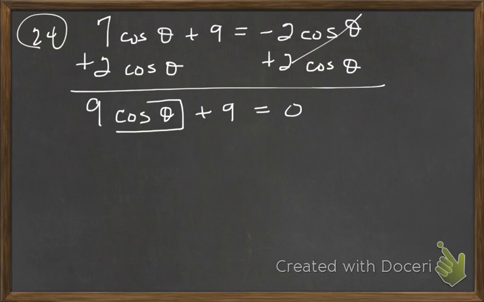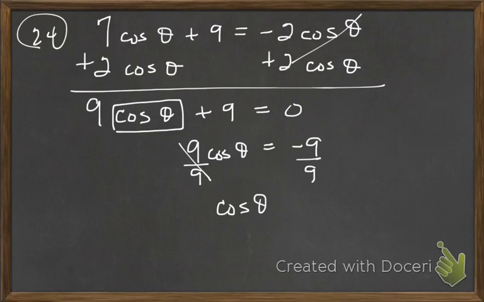You're still trying to solve for the cosine of theta. You're going to subtract 9, and then you're going to divide by 9. You can skip some steps if you can. And then finally, you're going to get your little cosine all by itself. And it says the cosine of theta is equal to negative 1.